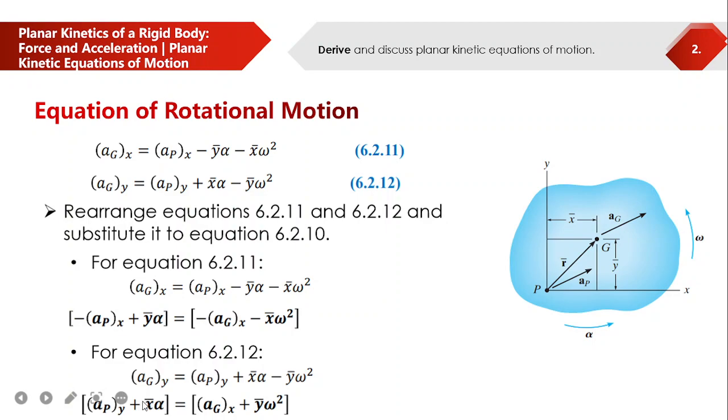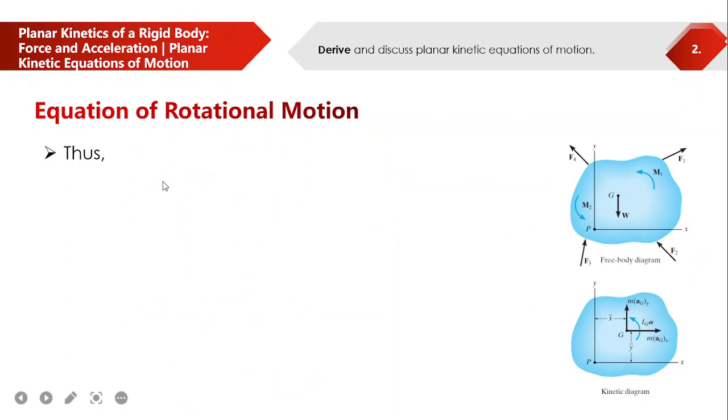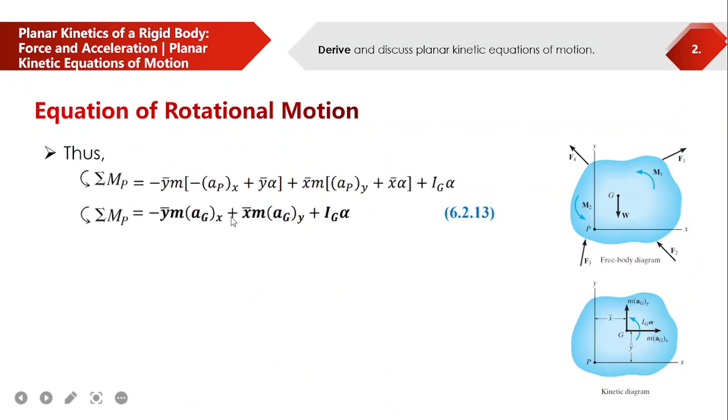Okay? As you can see, the left side is equal to the right side, so we substitute it into our main equation, 6.2.10, which is this one. As you can see here, negative a sub p sub x plus y bar times alpha is equal only to a sub g sub x. So it is somewhat simpler.